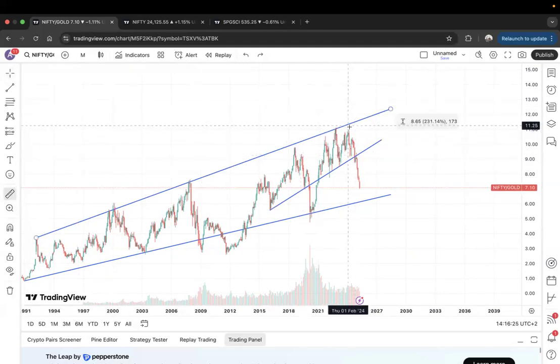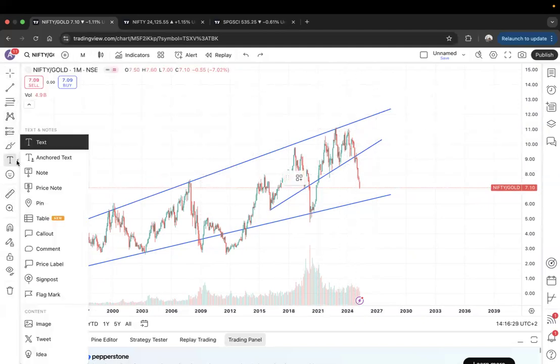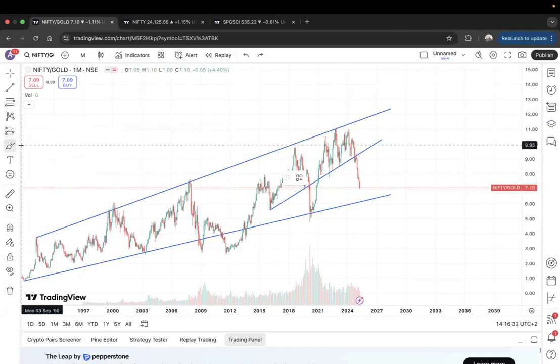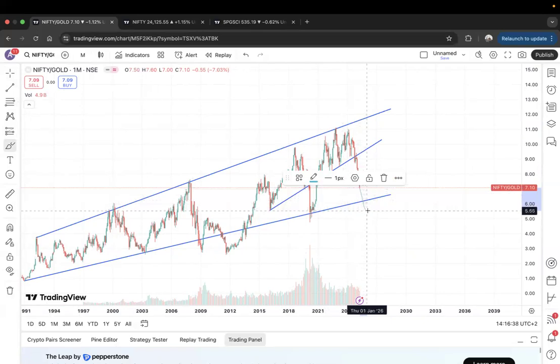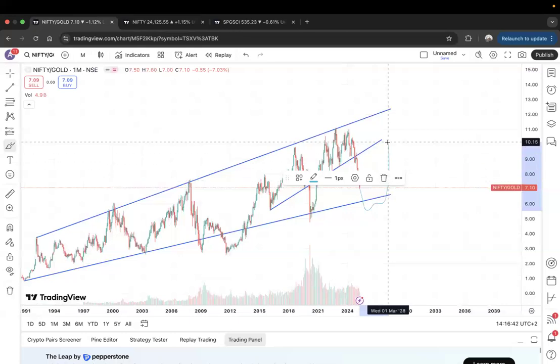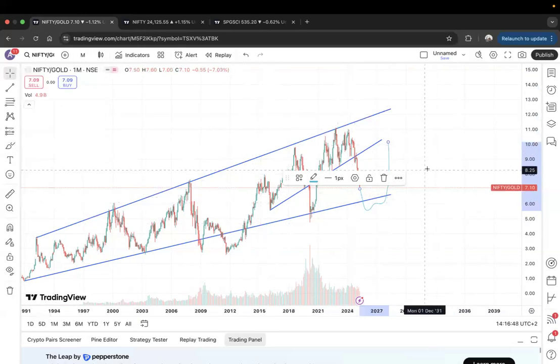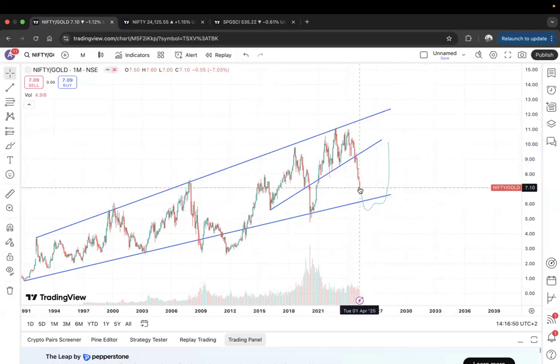What could happen here is that this ratio goes down, spends some time here, and then it could recover. But if you look at the time period, it could be around 1 to 2 years.